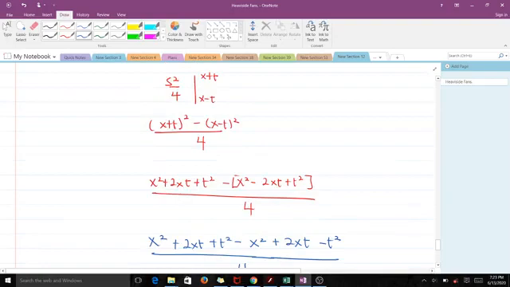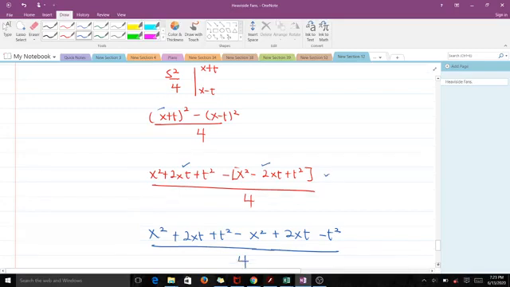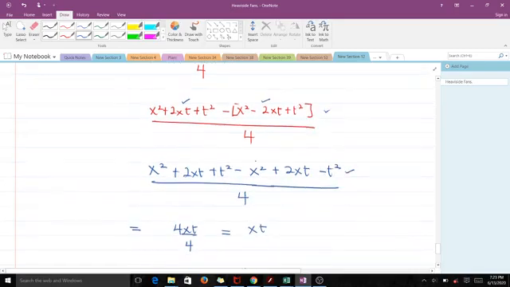Expanding this gives us this, and this also gives us this. When we simplify the numerator, we have this here all over 4. With this, the squared terms cancel, so we get 4xt, all over 4, which gives us xt.